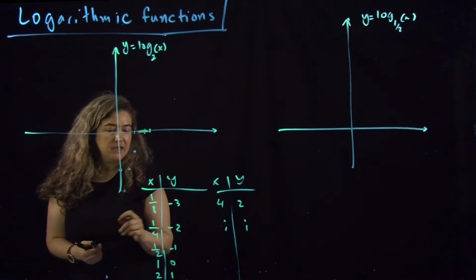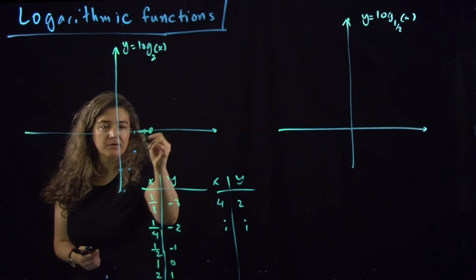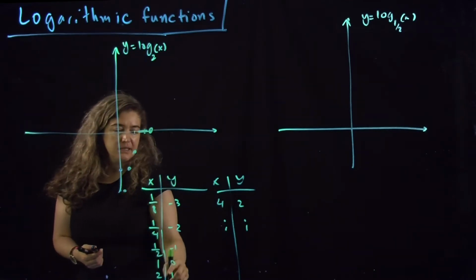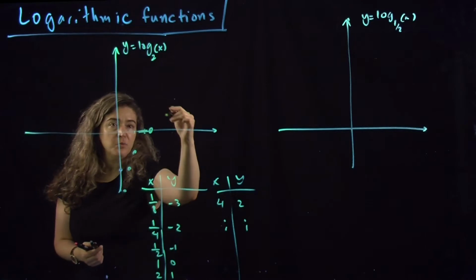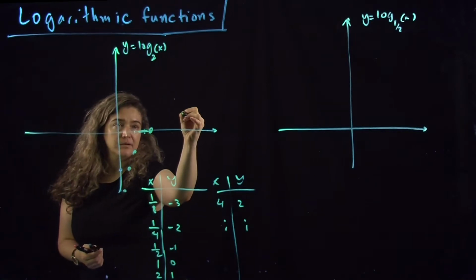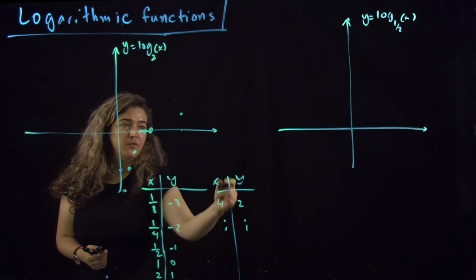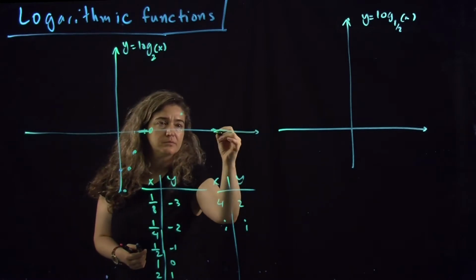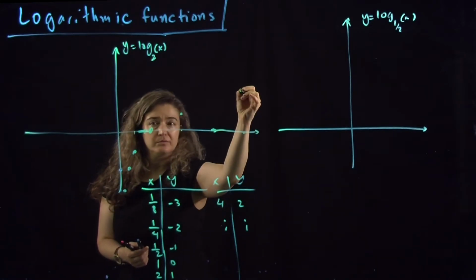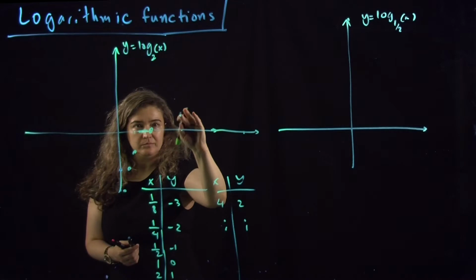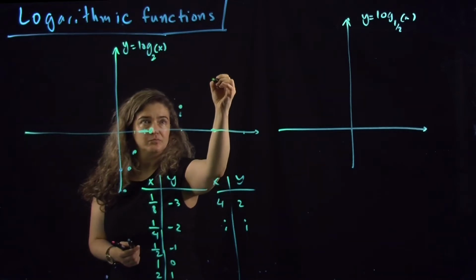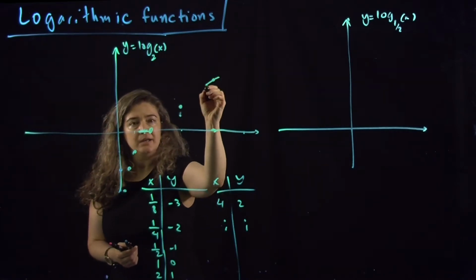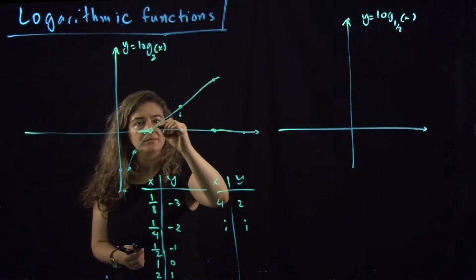At 1, the value is 0. Then at 2, it's 1. At 4, it's 2. And I connect them together.